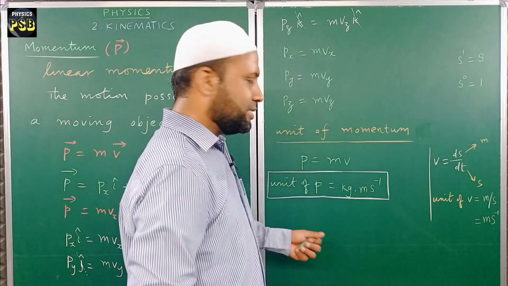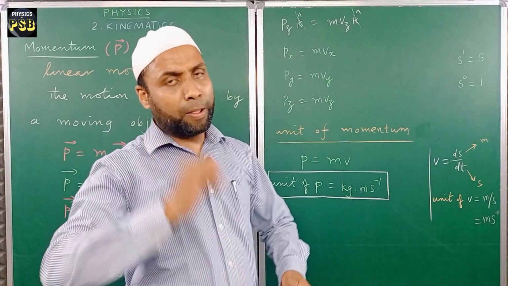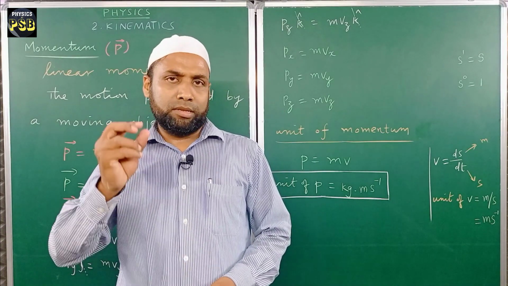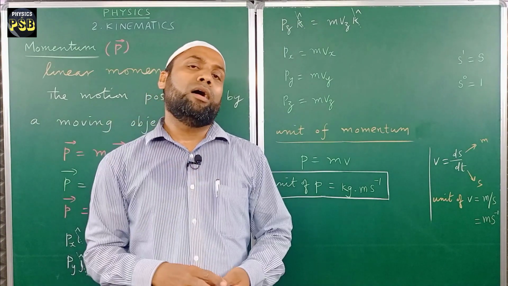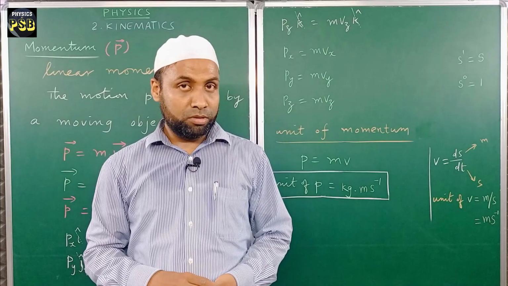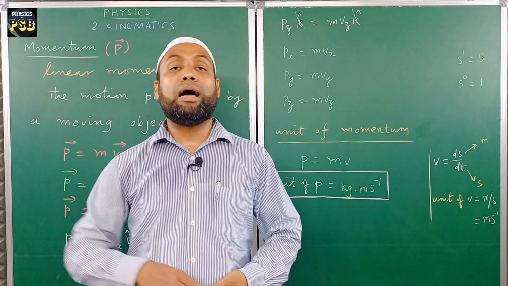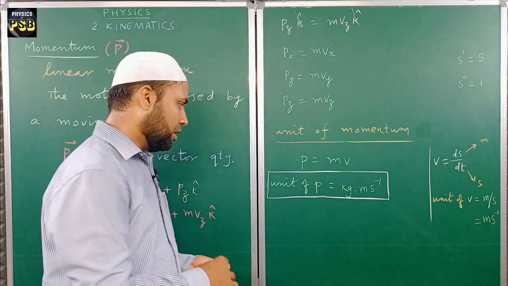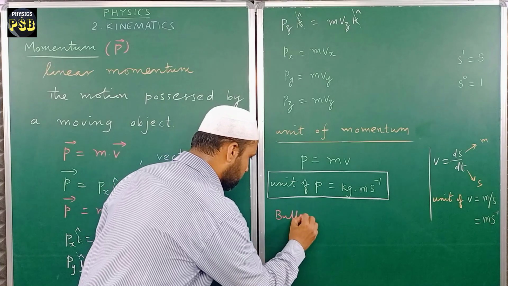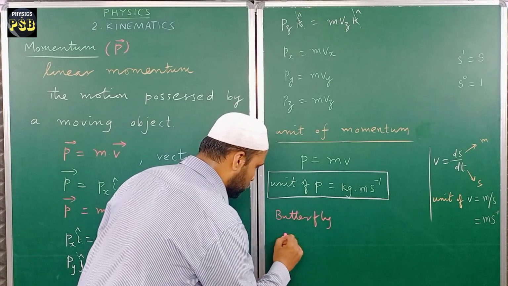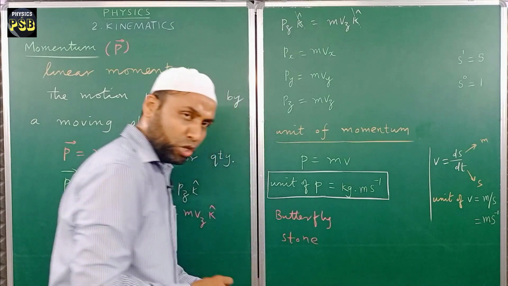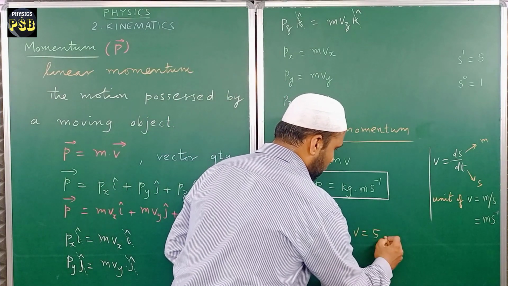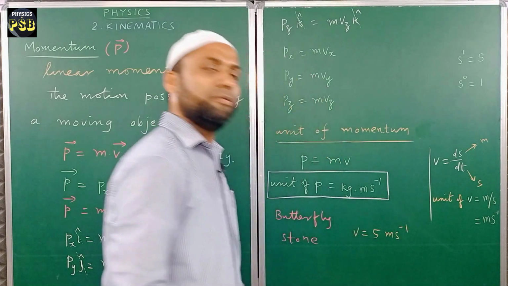To make you understand this in a better way, I will discuss one example. Suppose someone throws a stone towards you, and a butterfly is also coming towards you with the same velocity, equal to 5 meter per second.